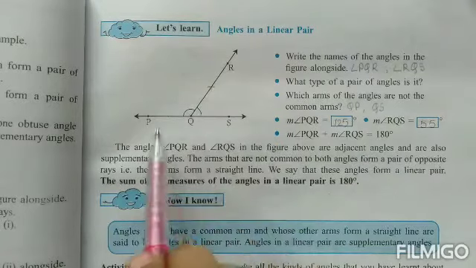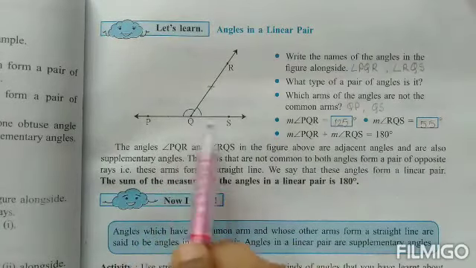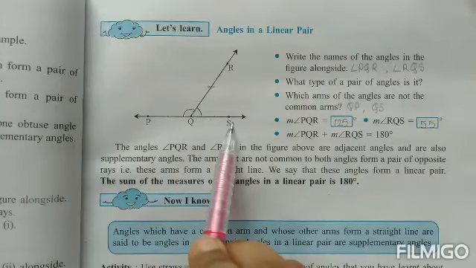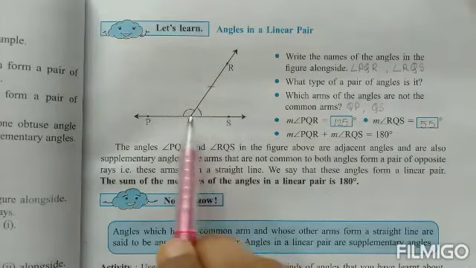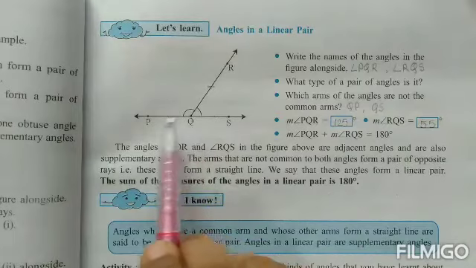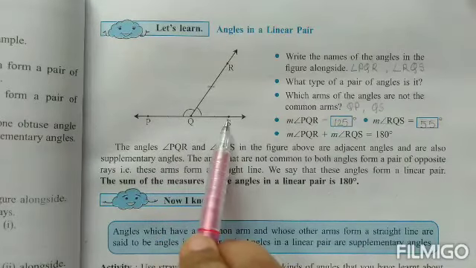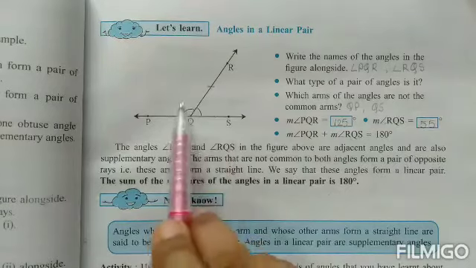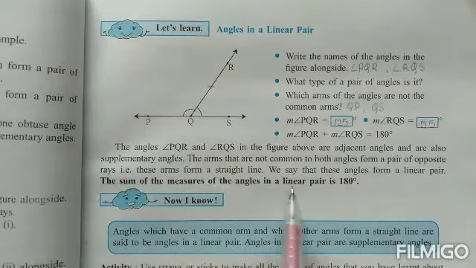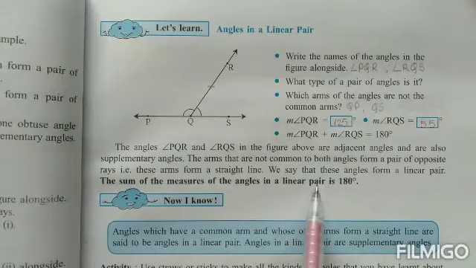See the rays QP and QS. They are opposite rays having a common origin and form a straight line. When such conditions are satisfied, this pair of angles is called a linear pair of angles.